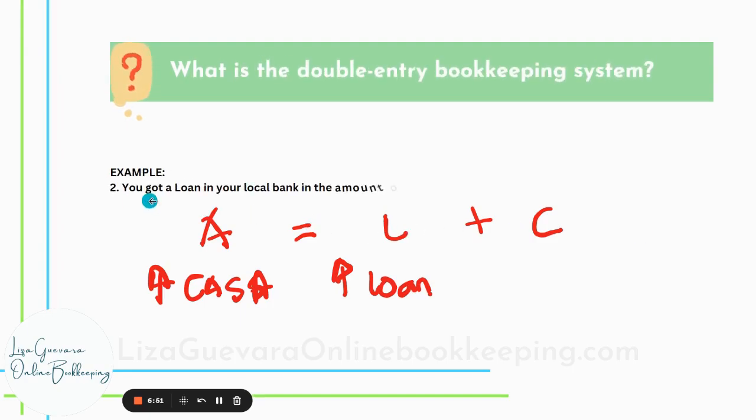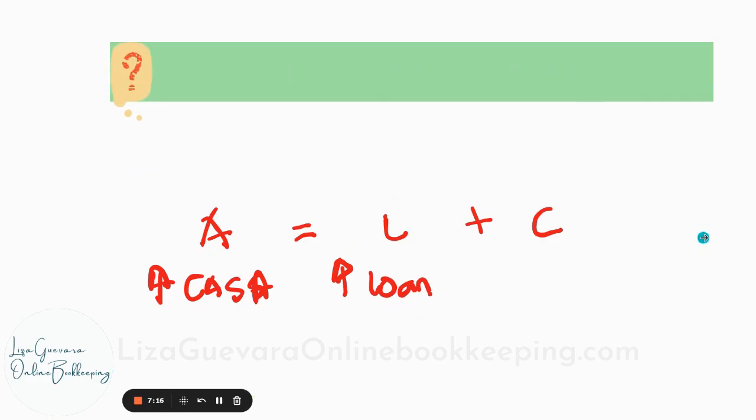Next example, you got a loan from your local bank in the amount of 300,000 for your business. Once you get the loan, the bank will give you money, so your asset will increase in the form of cash, and your loan will also increase in the equal amount of 300,000.